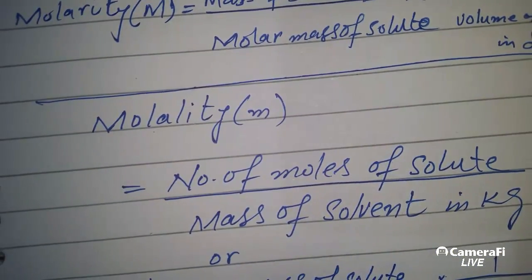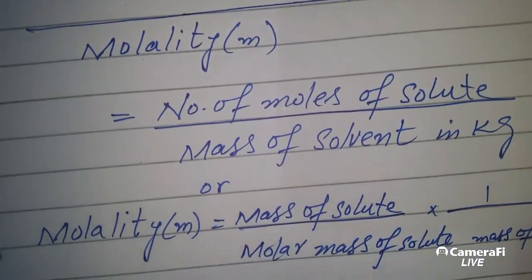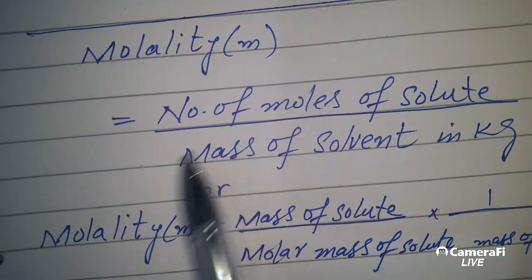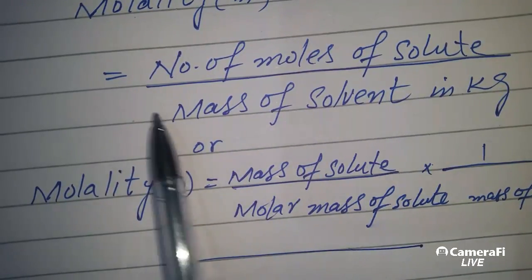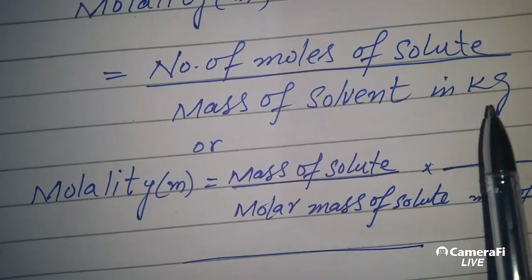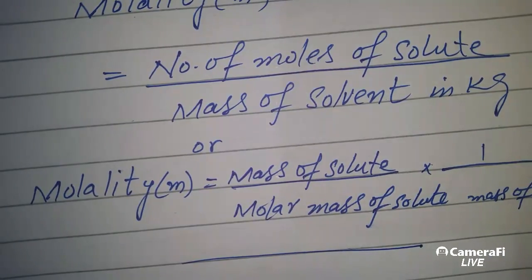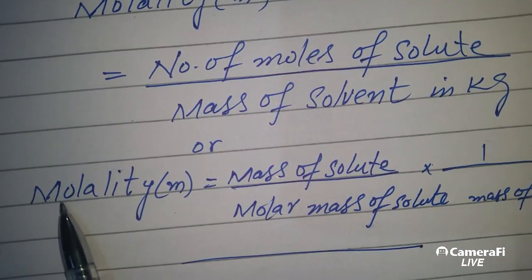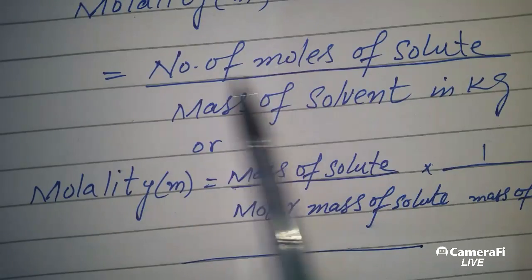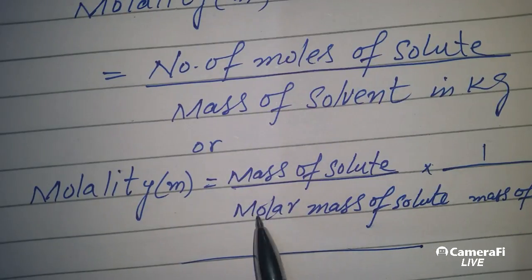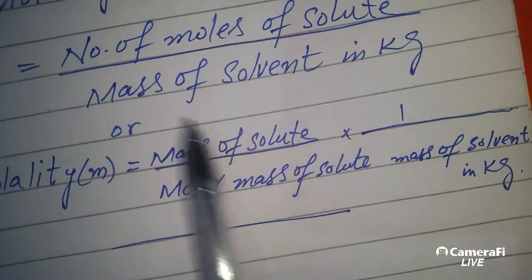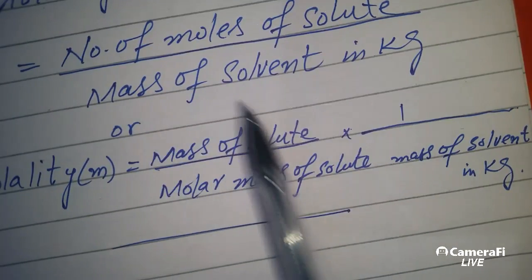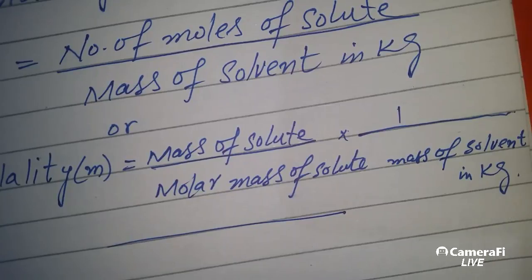Now we have molality, and it is represented by small m, and it is equal to number of moles of solute over mass of solvent in kilogram, or you can write it as molality small m equals mass of solute over molar mass of solute multiplied by 1 over mass of solvent in kilograms.